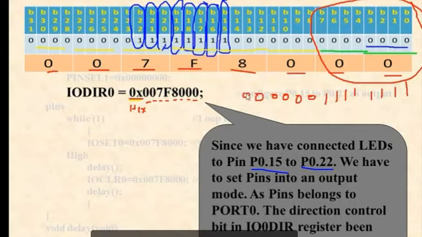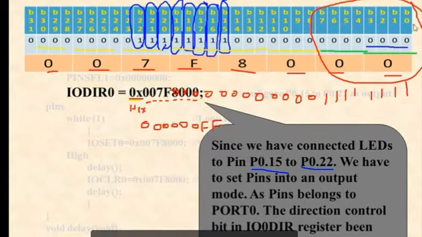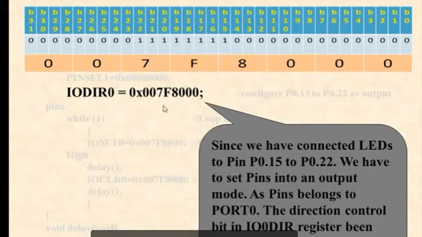So my code will become 0x000000FF, and you can make this port output. Similarly, you can make any pin output by setting that bit. So you have to find out the code to set. Here we are using P0.15 to P0.22, therefore the code is 7F8000. Any doubt?